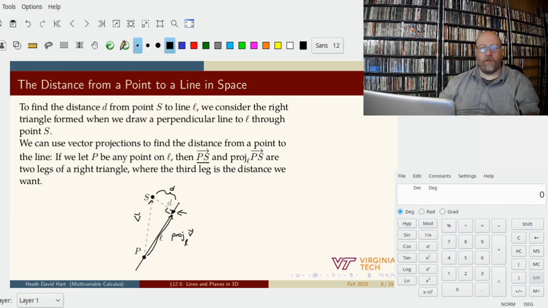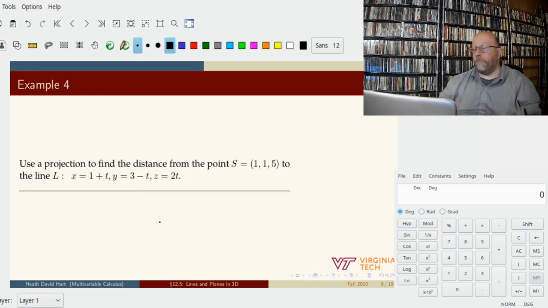So the vector from P to S and the projection of PS onto L are two legs of a right triangle, and the third leg is the distance we want. And we can use the Pythagorean theorem at that point.